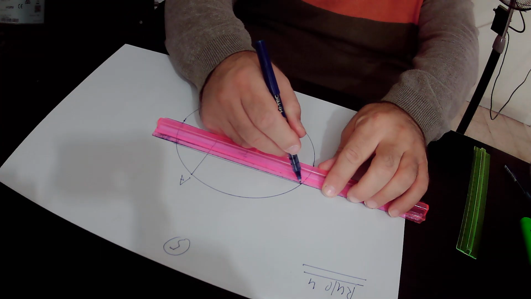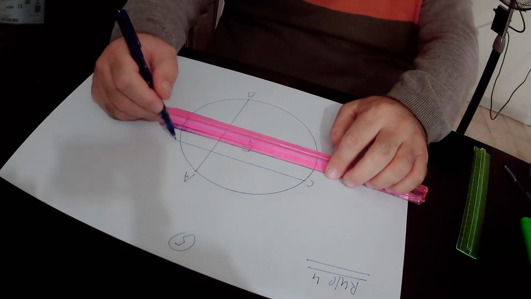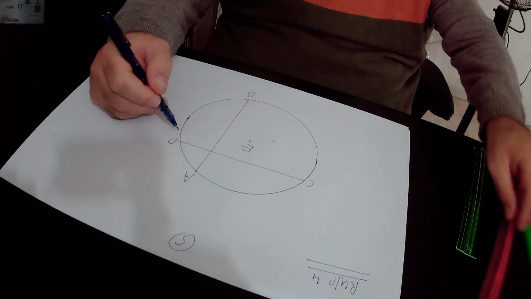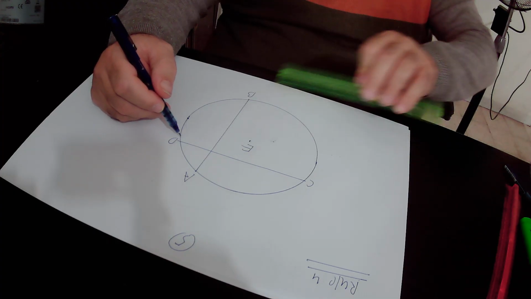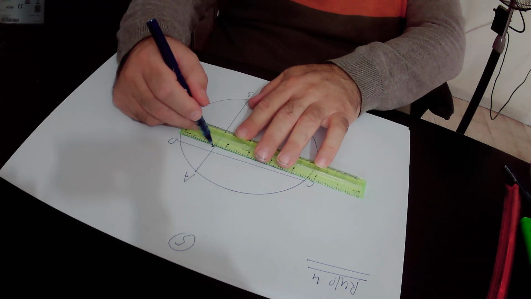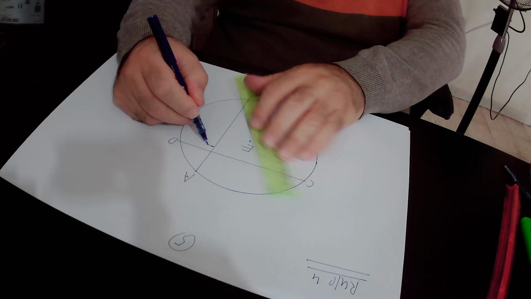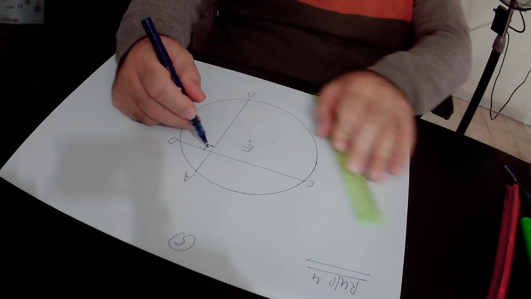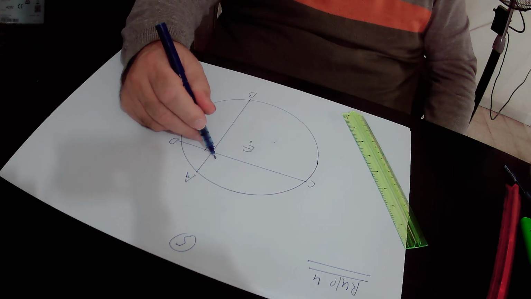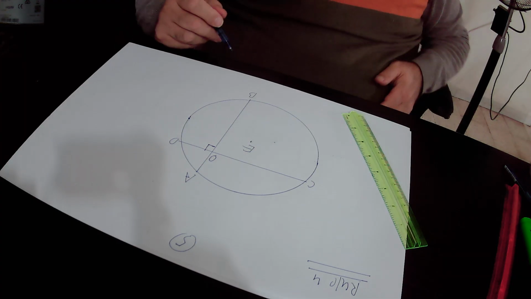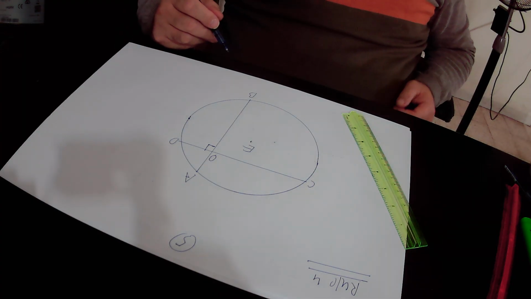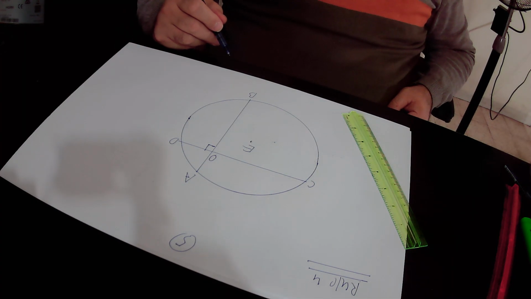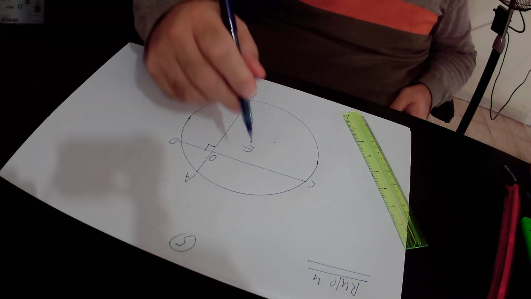This is chord CD. The two chords are perpendicular to each other, that is to say they create between them at the intersection point 90 degrees. This angle equals 90 degrees. We define the intersection point between the two chords as point O. So I write the rule down.